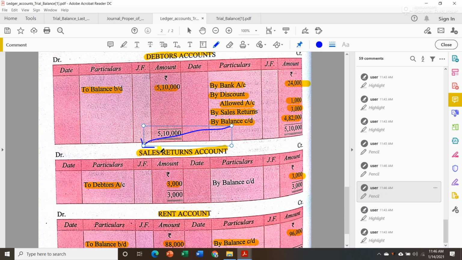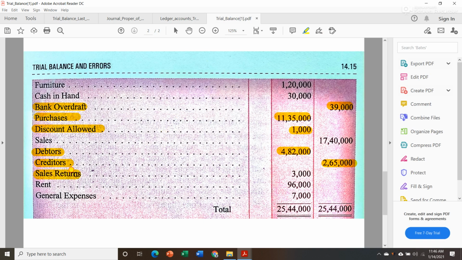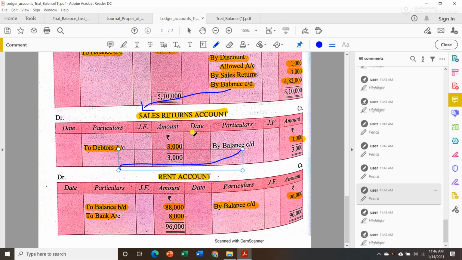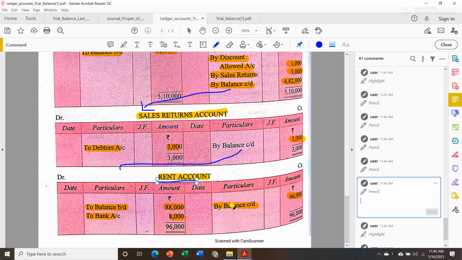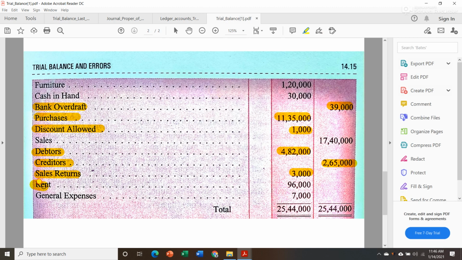Then the next ledger account is sales return, showing a debit balance of 3,000 rupees. Then at last we have the rent account, showing a debit balance of 96,000.